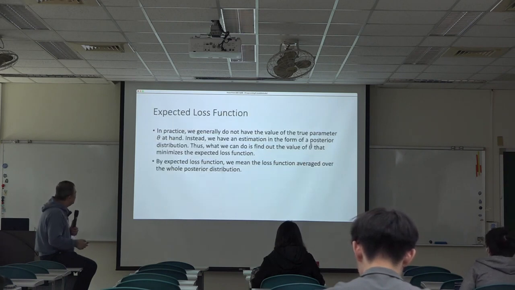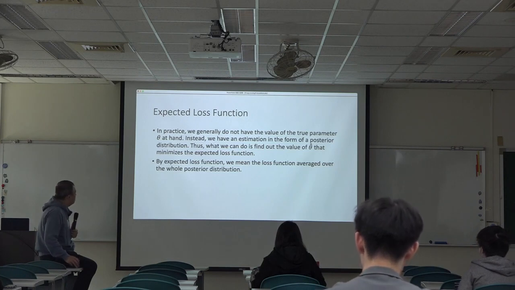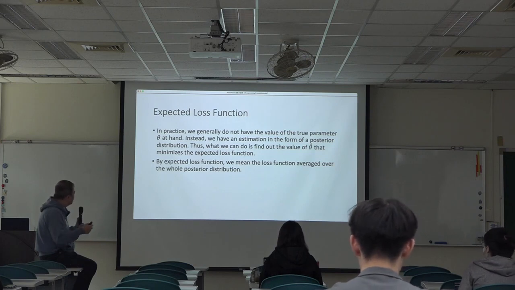In practice, we generally do not have the value of the true parameter theta at hand, because what we have is just a posterior distribution, not a real value. So we have an estimation in the form of a posterior distribution.